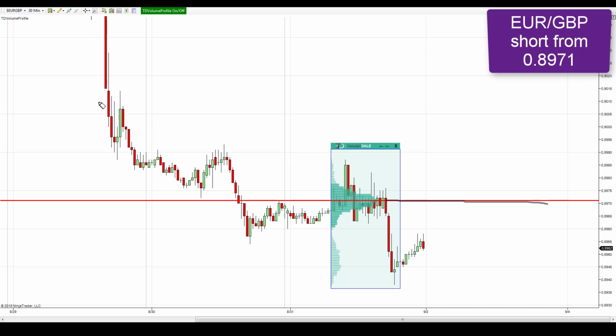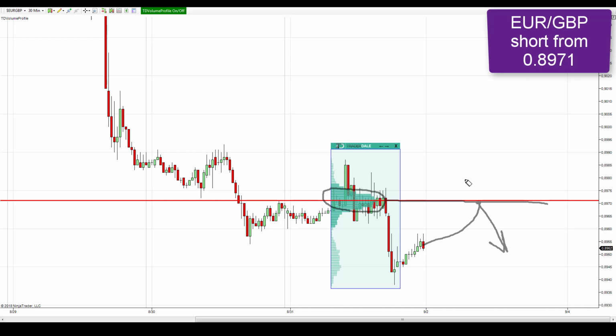I think that the strong sellers who are currently pushing this pair down were adding to their selling positions right there. I think that those volumes are mostly volumes of strong sellers, and I think that when the price makes a pullback, those sellers will be defending their positions and they'll start pushing the price lower again.